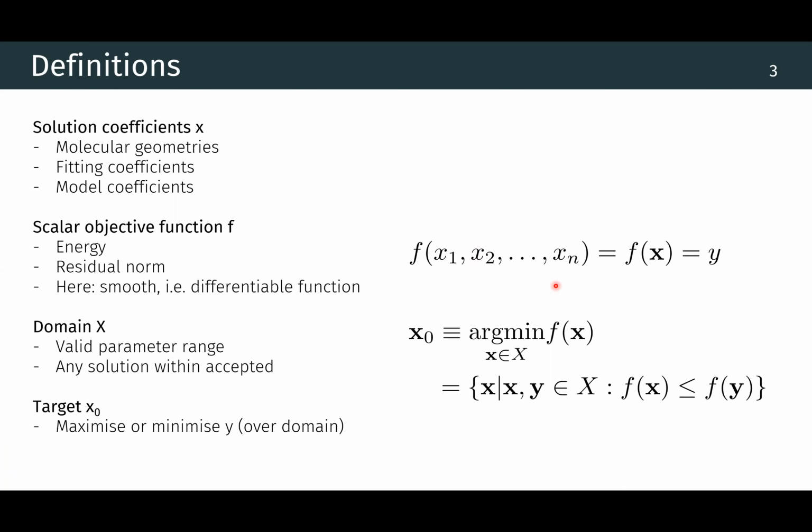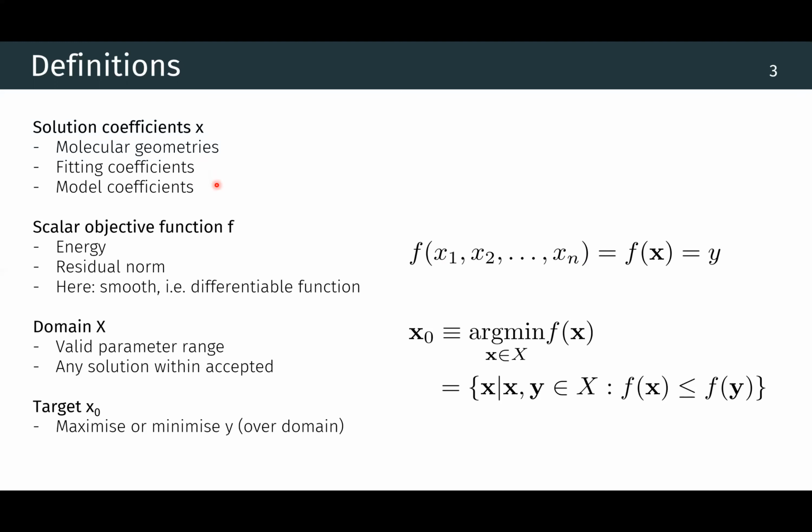So here on the right side, you see the individual components that form the vector x, and this can be anything. This can be a molecular geometry, so for example, a position or an angle that forces the molecule to go in a certain configuration. This can be the fitting coefficient. Imagine you have some model as a quadratic function that you would like to fit to some data, then the coefficients of those polynomials would be the solution coefficients.